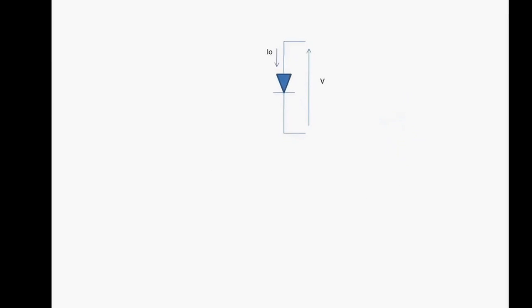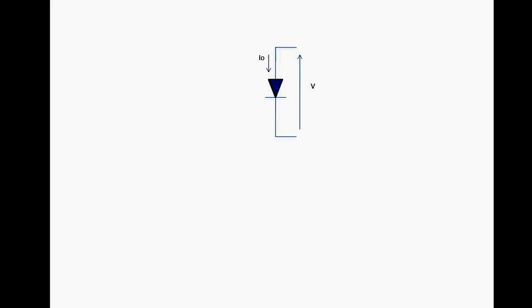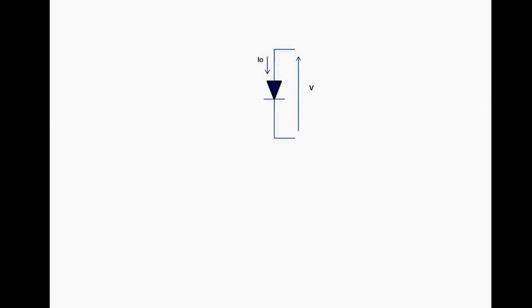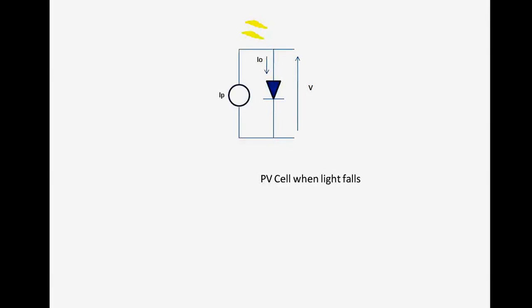Then this is the ordinary diode, the diode when there is no light falling on the PV cell. When light falls on the PV cell, this part will come into the picture, and it will feed some current outside when we connect some external load.